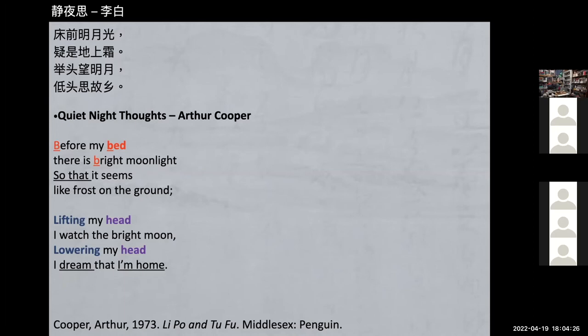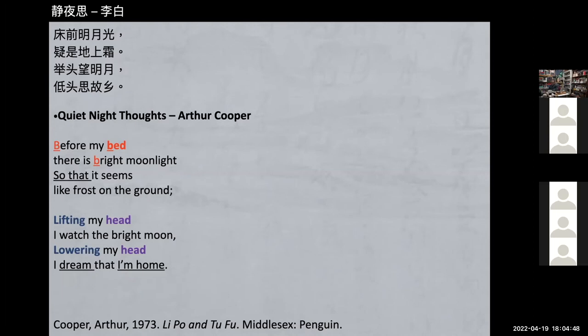Lifting my head, lowering my head, perfect rhythm in English. And then I watch, I dream, perfect parallelism. So it's matching the rhythm in the original Chinese text.